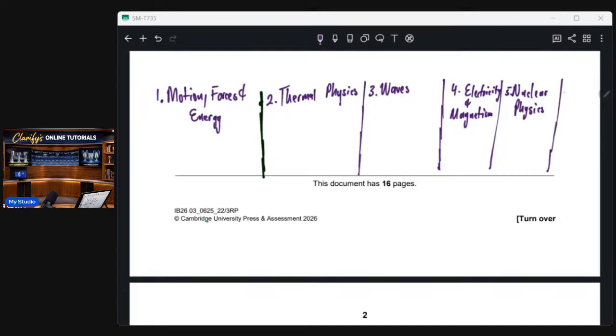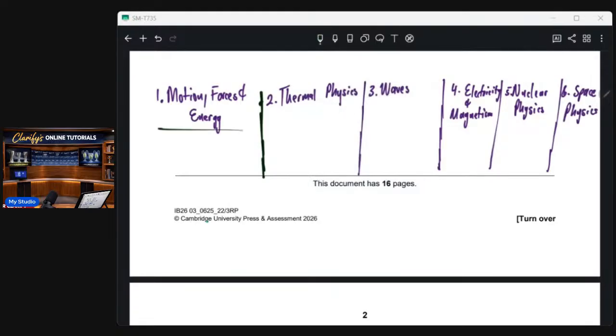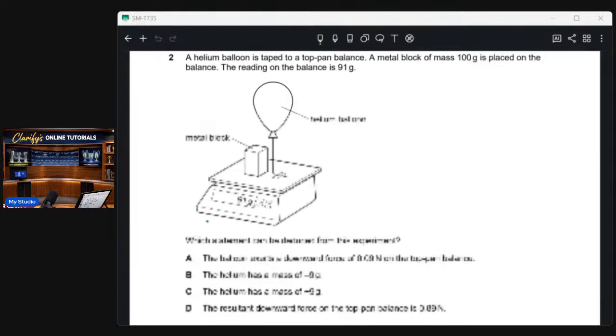And topic 6 is space physics. These are the 6 topics for IGCSE Physics that we need to know. We're going to be doing the questions together, and we'll see which topic each one is from. So let's quickly go through it and let's see.